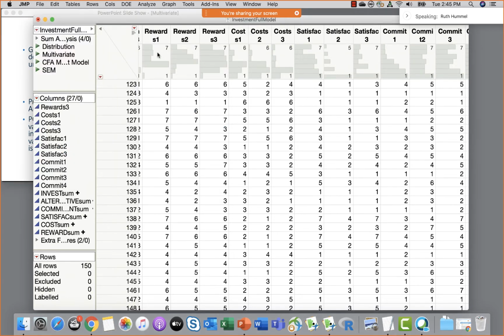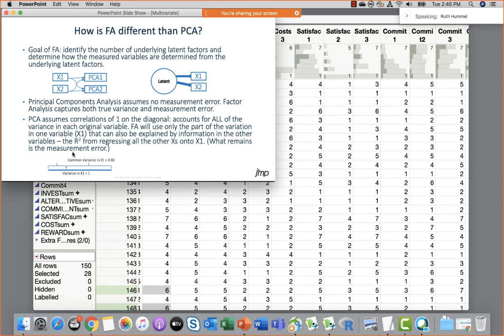So if we took rewards 1, and we built a regression using all the other variables, rewards 2, 3, costs 1, 2, 3, as predictors, we'd get an R squared from that model. Say it's 0.82. That's now how much we use to describe the diagonals of this matrix.